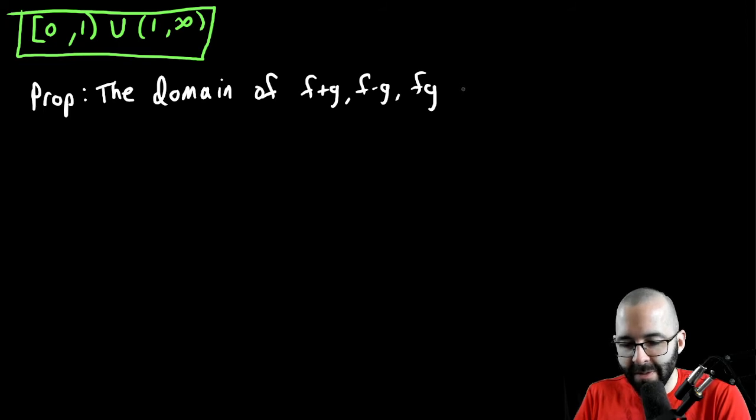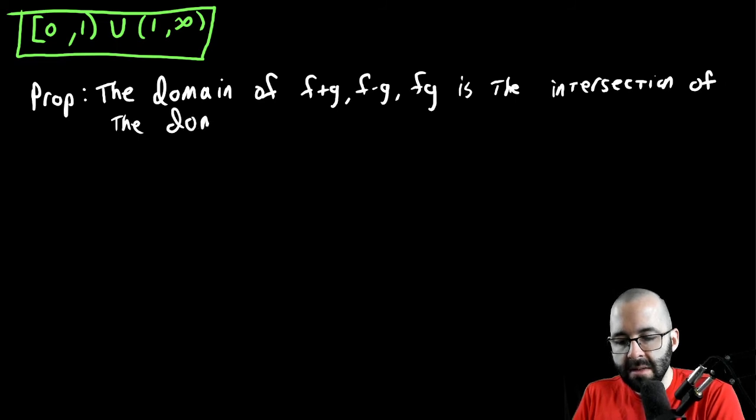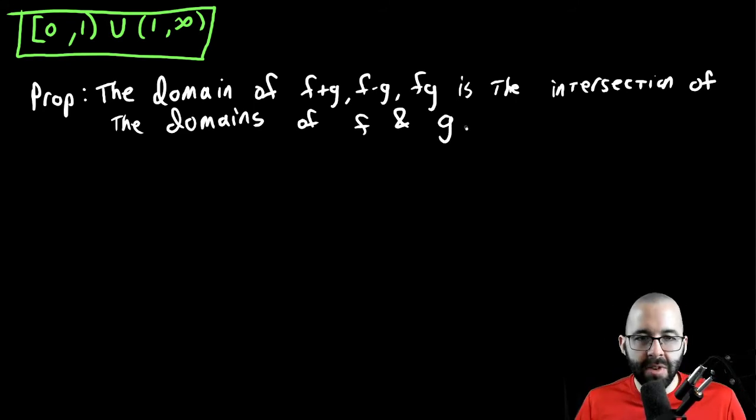There were 4 of them. is the intersection of the domains of f and g. So if we're combining two functions, we just intersect their domains. This new function, the domain, the set of all the things that we can plug in, is just basically what could we plug in before.